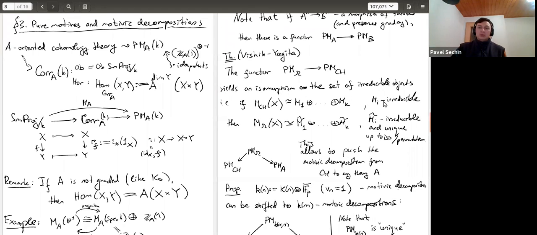Okay, so what does it allow you to do? It allows you to push the motivic decomposition from Chow groups to any theory A, because you can lift it to Omega and then push it forward to any oriented cohomology theory.